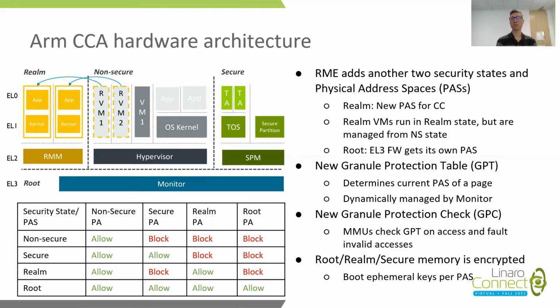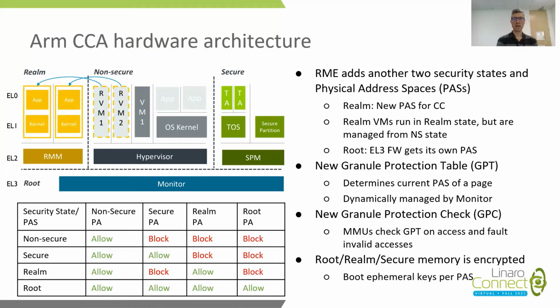There is a new Granule Protection Table which determines the current PAS of a page, and that's dynamically managed by a monitor, allowing pages to move between PASs at runtime. There's a Granule Protection Check hardware attached to the MMUs and the CPUs in the system, which checks the GPT on access and faults any invalid accesses.